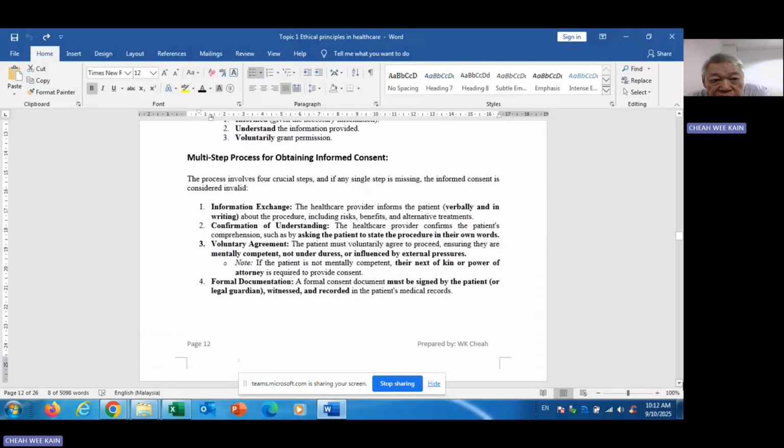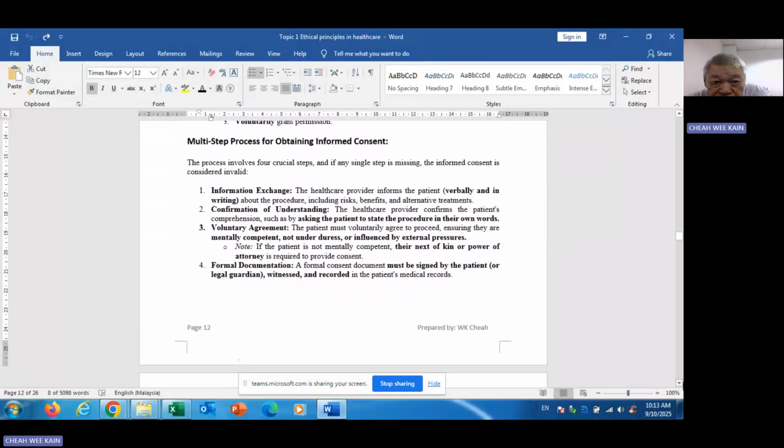So there are multiple steps in obtaining informed consent. First step, they can inform verbally or in writing. Most likely it will be verbal. Confirmation of understanding: the doctor should ask, do you understand what I'm saying? And ask them to repeat back their understanding, so that the doctor can confirm that what they told is what the patient understands.